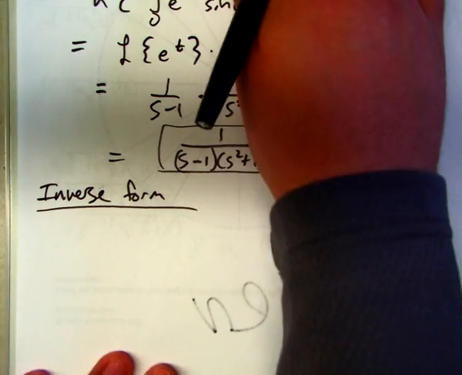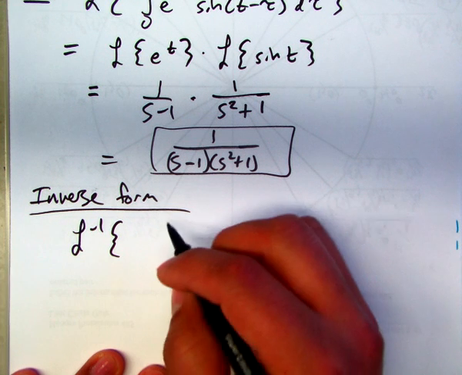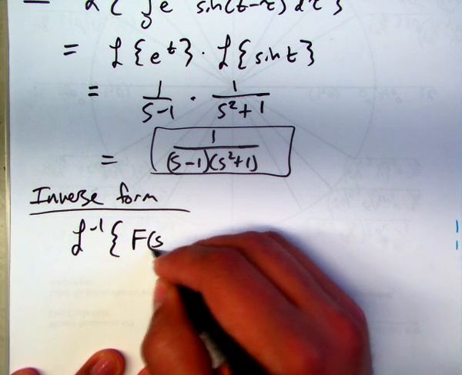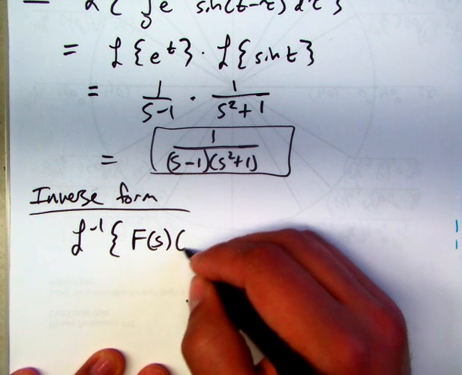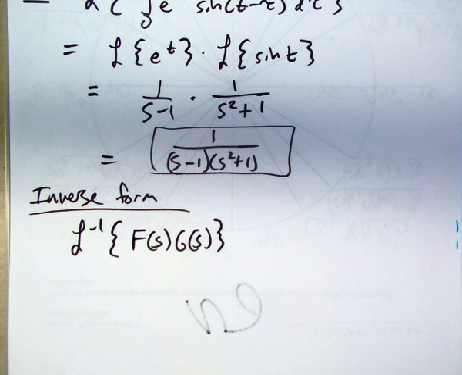And that's if you are taking the inverse transform of two functions, F of s times capital G of s. The key is recognition, though. If you don't recognize that you're multiplying two transforms, then this is kind of useless. If you recognize that you have two functions that happen to be transforms, then this is actually a pretty nice thing.